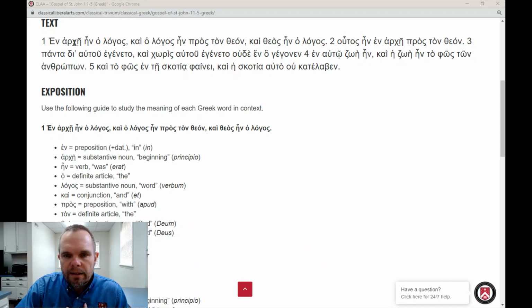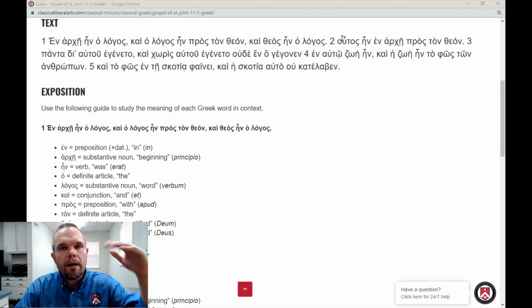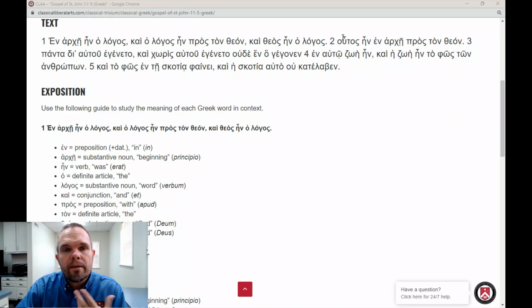En arche ein ho logos, kai ho logos ein pros ton theon, kai theos ein ho logos. Verse 2. Notice this is rough breathing with a circumflex accent. So we're going to go up and down on this first syllable with rough breathing.